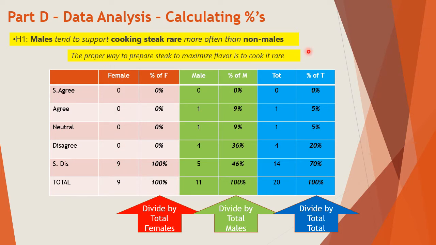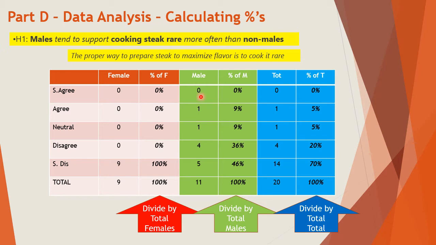So while it's technically correct, there are some flaws with this, and this is what you're going to be drawing out when you do your PowerPoint presentation talking about it. What's the problem with this? Well, first of all, our sample size is pretty small. We only had 20 people surveyed, so I'm not really sure about that. Second, while one male did agree and no females, this really is only one data point.